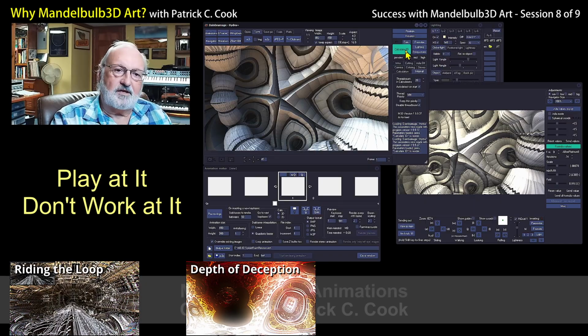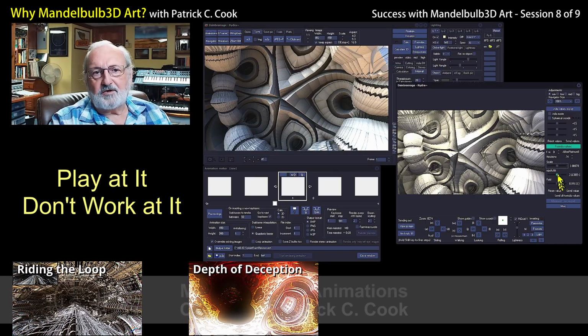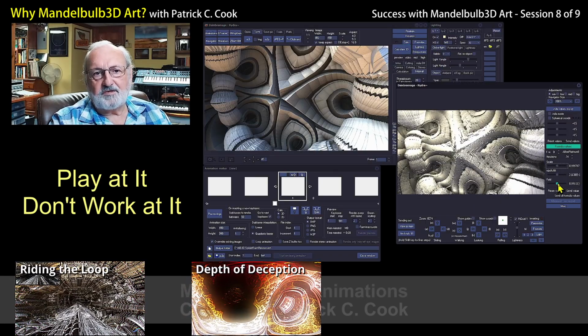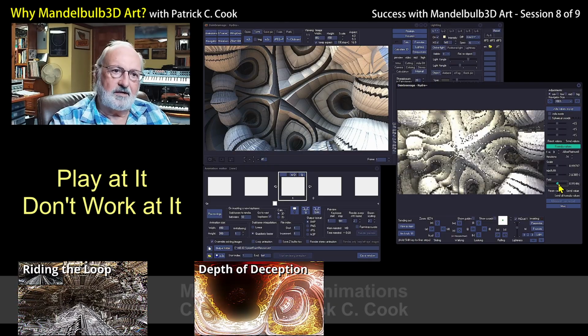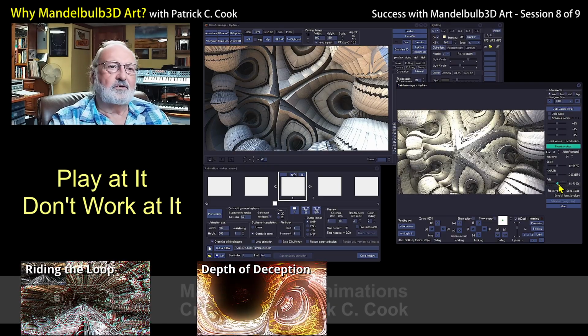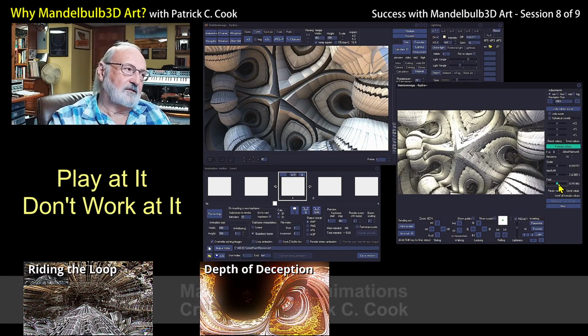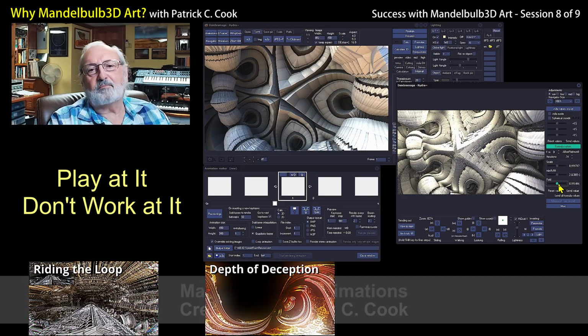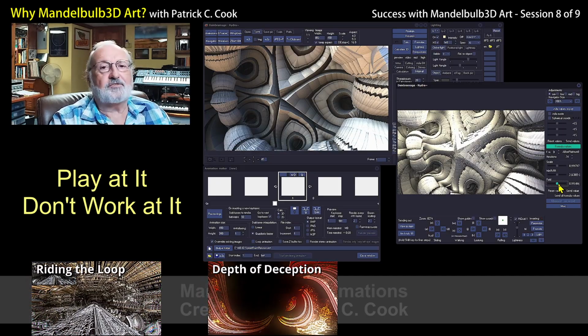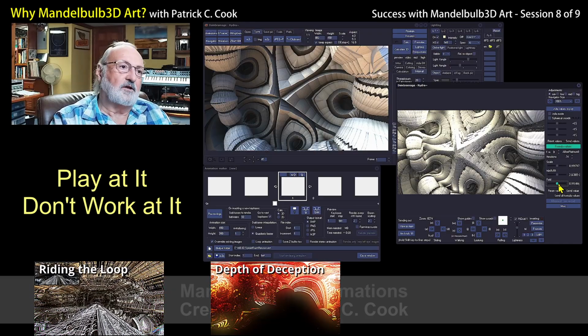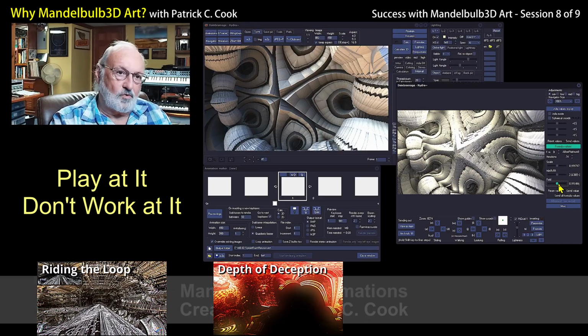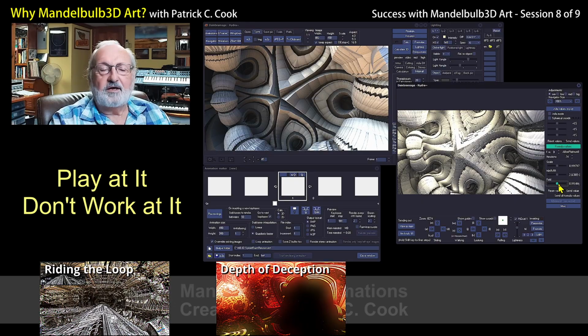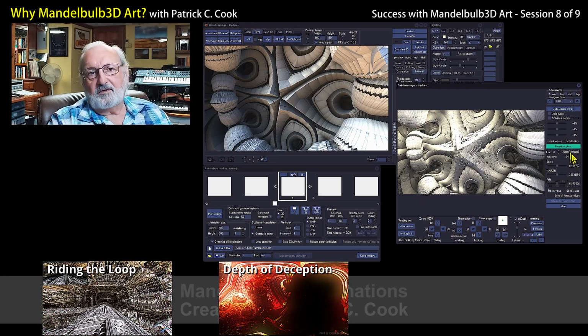Just play. Get in there, tweak around, have a good time with it, see where it goes. Don't have some graphic image in mind and think you're going to get there. Probably not. This is not 3D modeling. You are not that much in control. What you do is play around. You tweak it.